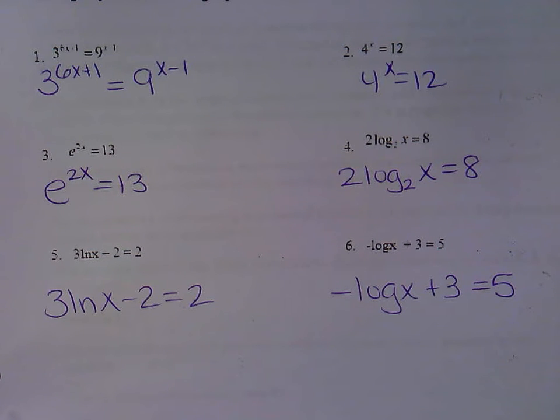That has to be equal to that. So you can ignore the 3 and just look at the exponent. I need to make 6x plus 1 equal to 2x minus 2. I'm going to subtract the 2x first, so however you can solve for x.